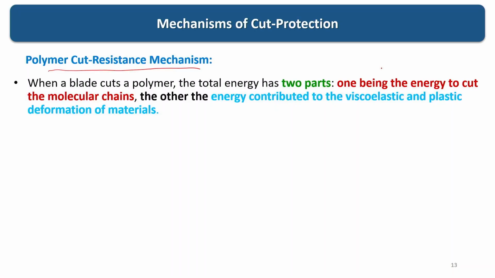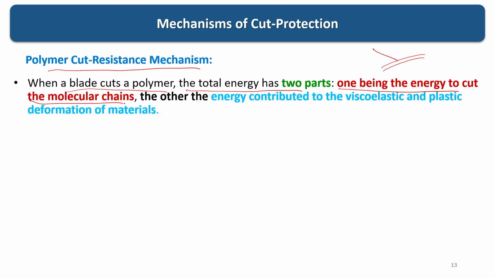Now, this is, say, a fiber or polymer. When a blade cuts a polymer, the total energy has two parts. The energy required to cut is of two types: one is the energy to cut the molecular chain.